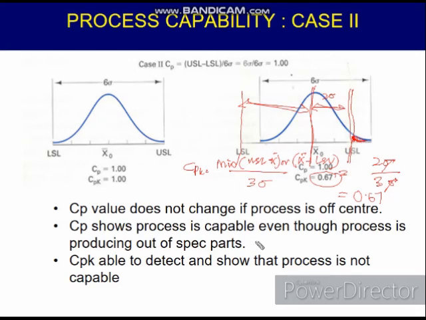So if you use CP, you will arrive at erroneous conclusions. However, CPK is able to detect and show that the process is not capable. Calculating this situation with CPK gives 0.67, which is less than 1, indicating that the process is not capable. Okay? So this is the second case to illustrate the difference between CP and CPK.